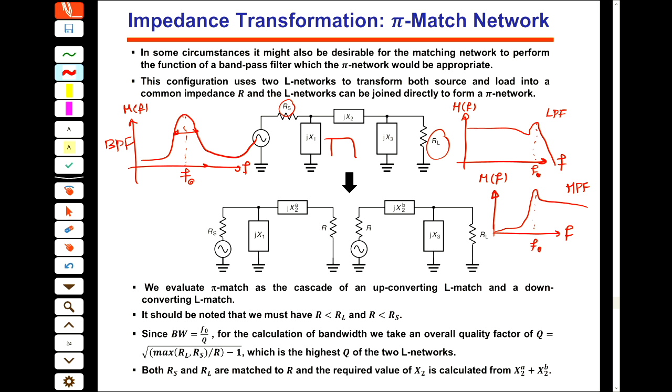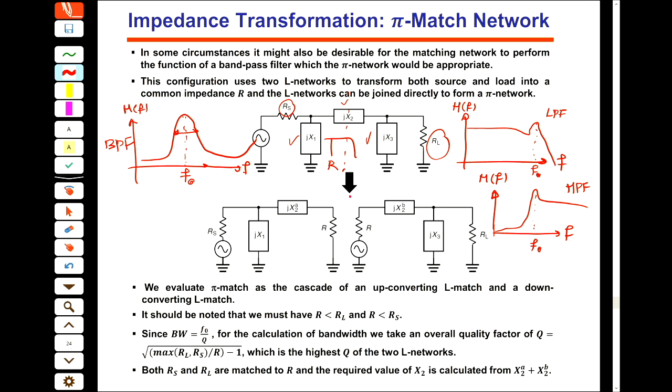I just divide these 2 circuits. I mean, to find the values for X1, X3, and X2, I divide this into 2 circuits. I try to match this RL to an imaginary resistance R, and then by this circuit I try to match this R to RS.